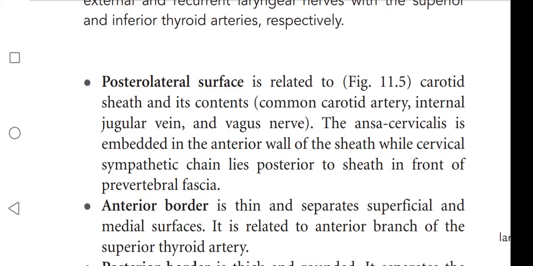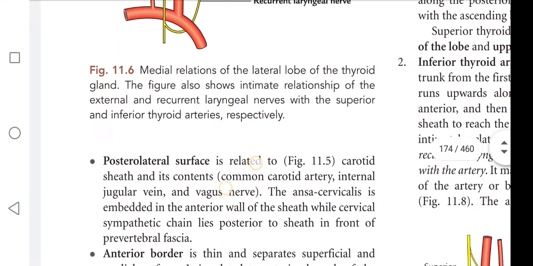When you observe the sheath, anterior to the sheath, ansa cervicalis is present, and posterior to the sheath, cervical sympathetic chain is present in front of the prevertebral fascia. Okay, coming to the figure.